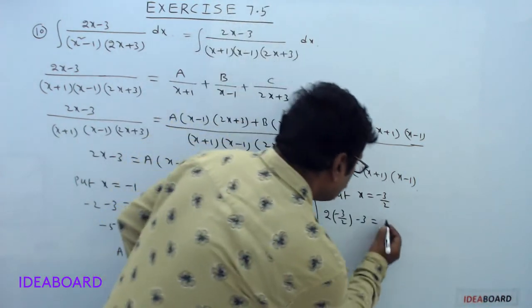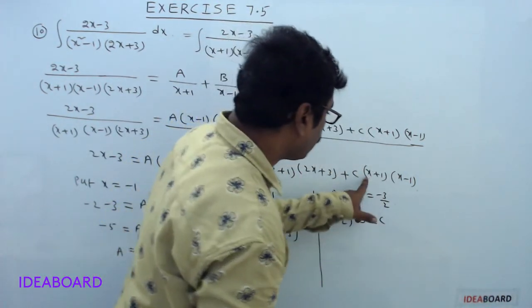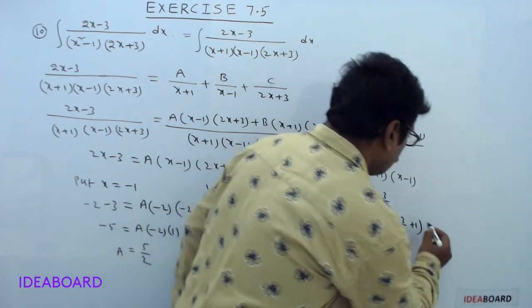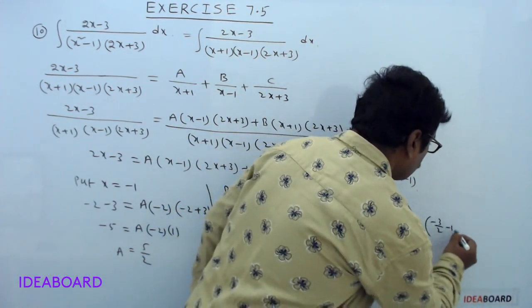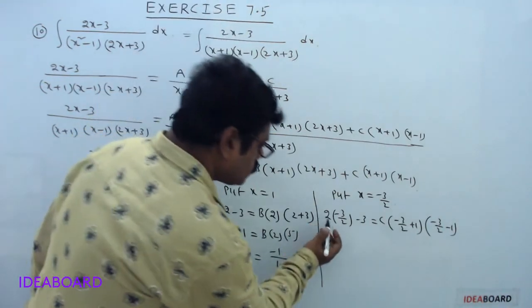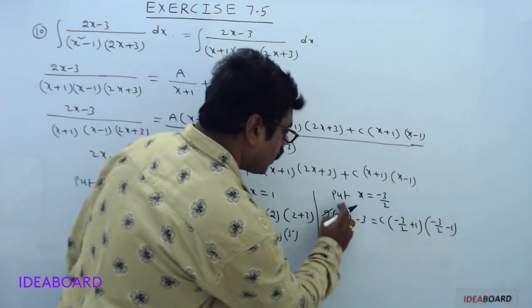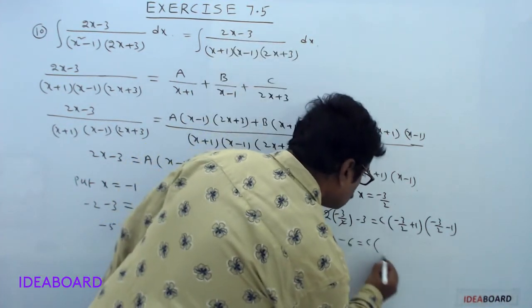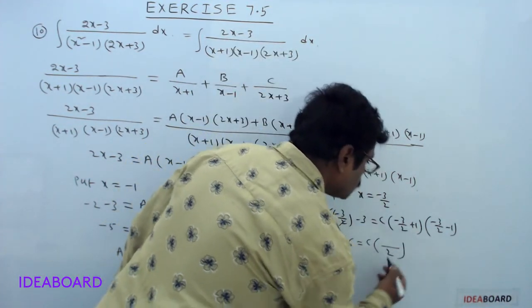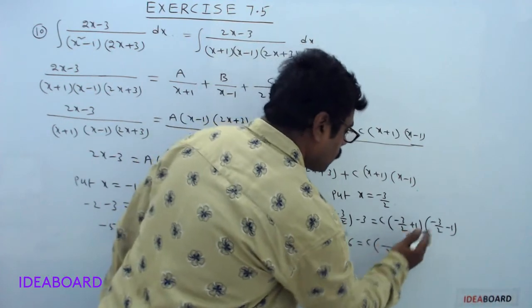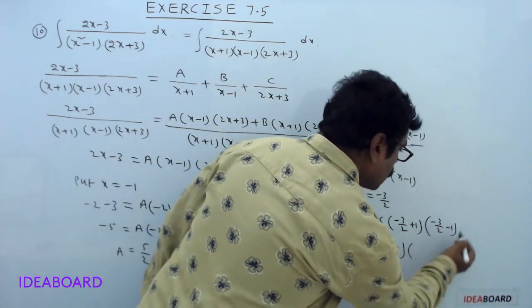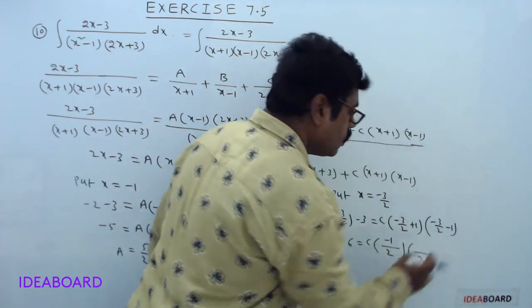Now come to the third term, c into minus 3 by 2 plus 1 into minus 3 by 2 minus 1. Here 2 will be cancelled. Minus 3, it will be minus 6 equals c into, here what is the LCM? 2. Minus 3 plus 2, that should be minus 1. In this term also the LCM is 2.